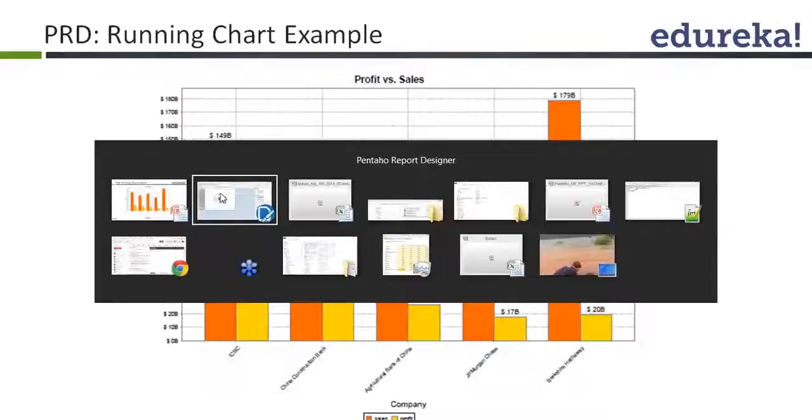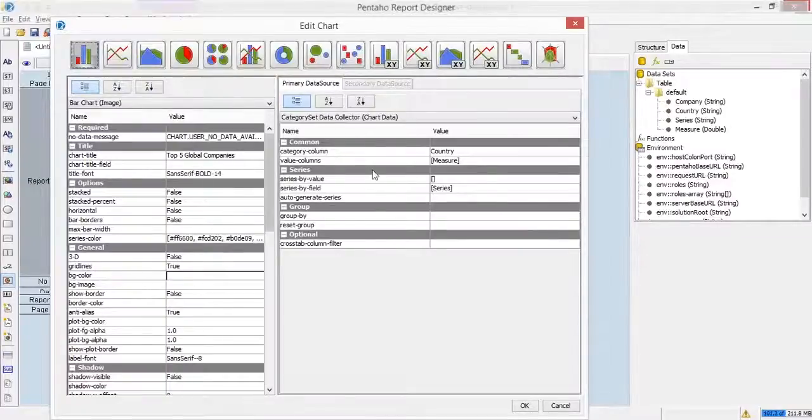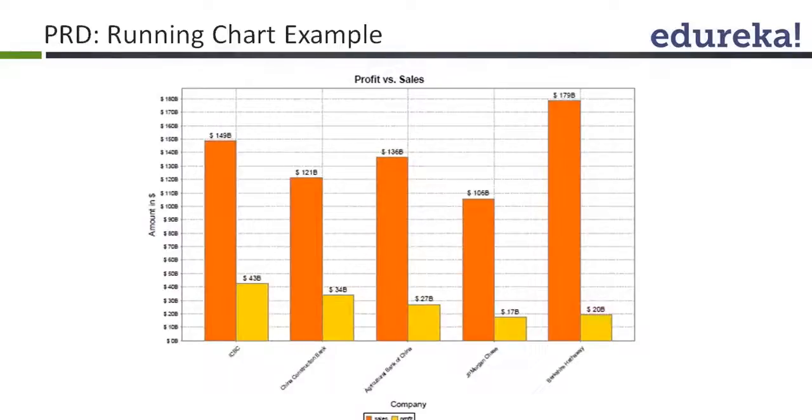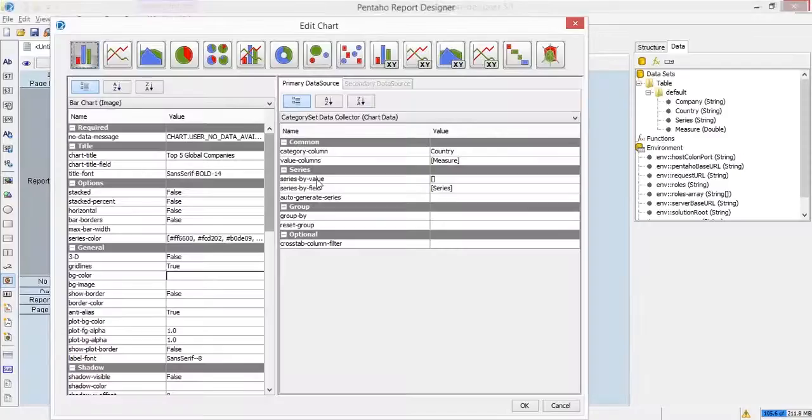Now the second field was value columns. Value columns is pretty clear. It is a quantifiable measure, based on what quantity you are going to represent in that chart. So that is value. Now series by value and series by field.